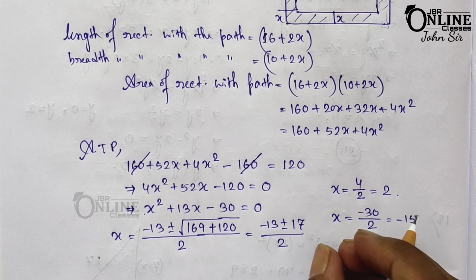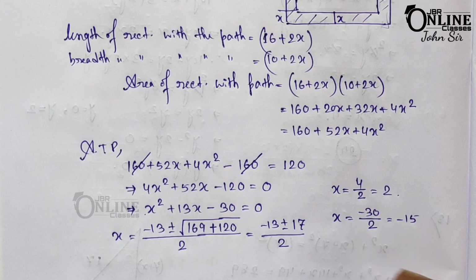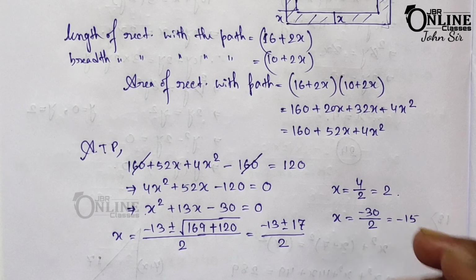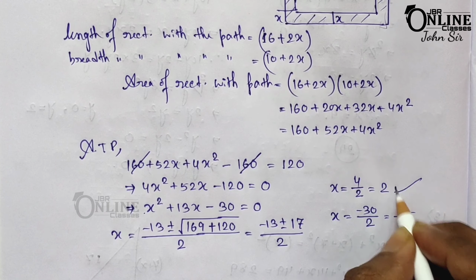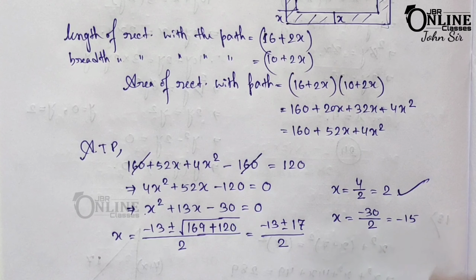As x is the breadth of the path, it will always be positive, never negative. So the width of the path equals 2 meter, and 2 meter is your answer.